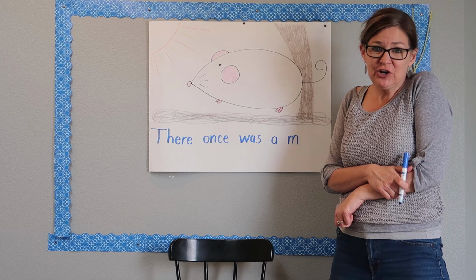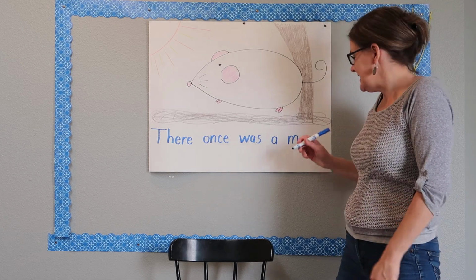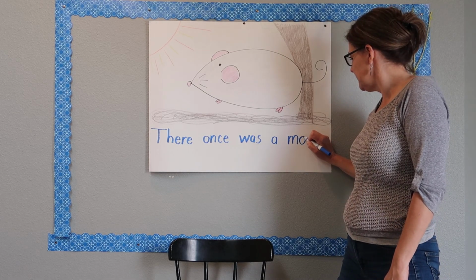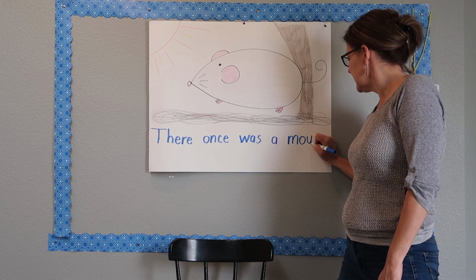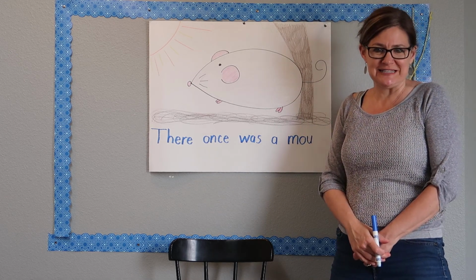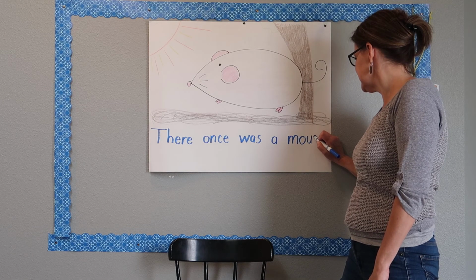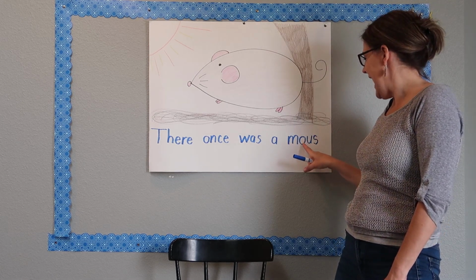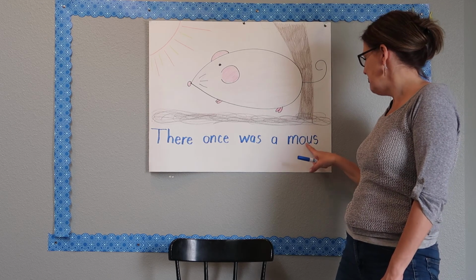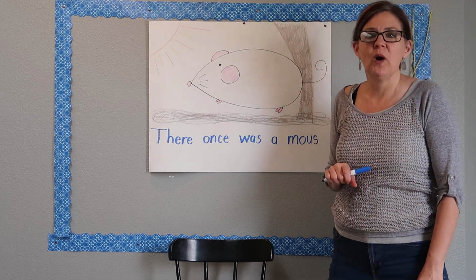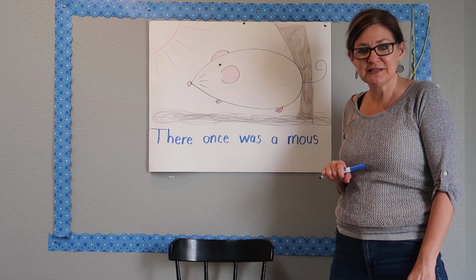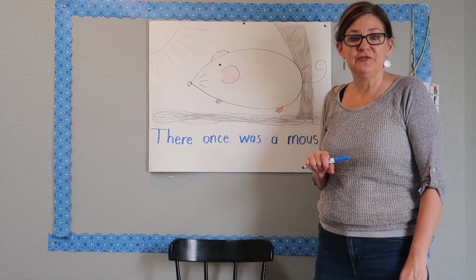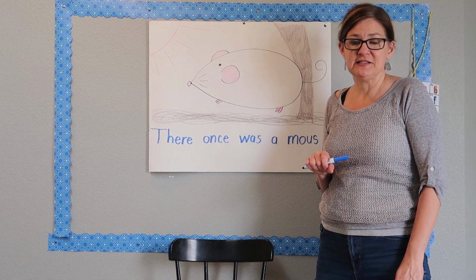Like when we get hurt, we talked about that in class, is O-U. Mouse. Let's make sure I have all the sounds. Ow. Mouse. There once was a mouse who lived in a dry, dusty place is the rest.